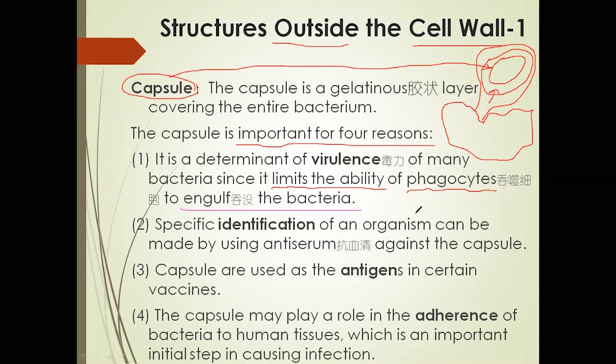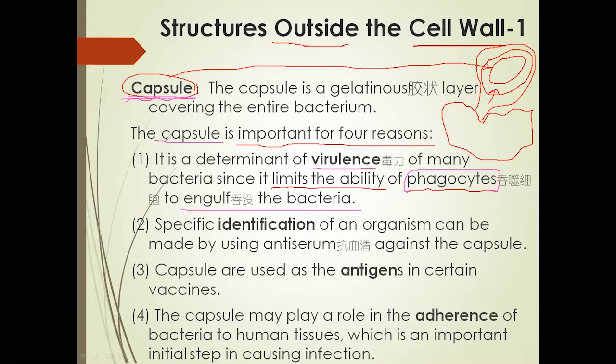But when some special kind of bacteria have capsules, it is a little bit difficult for these cells to eat them. It means these bacteria with capsules are more dangerous for people, and easily cause infections. It is more toxic.